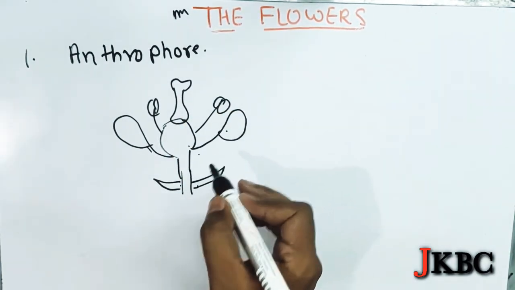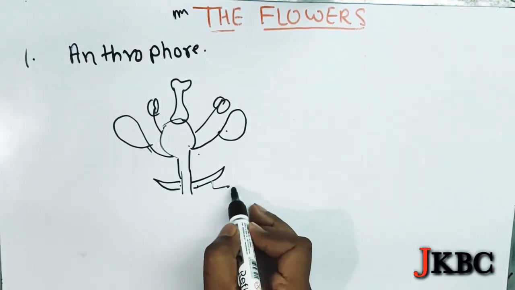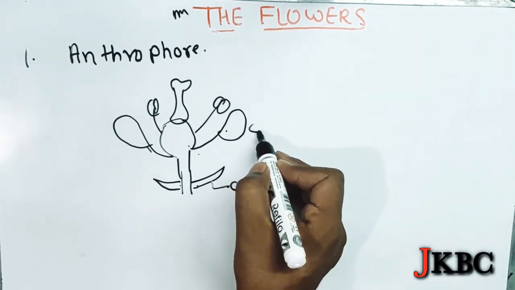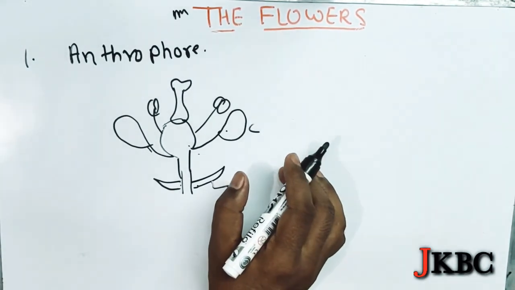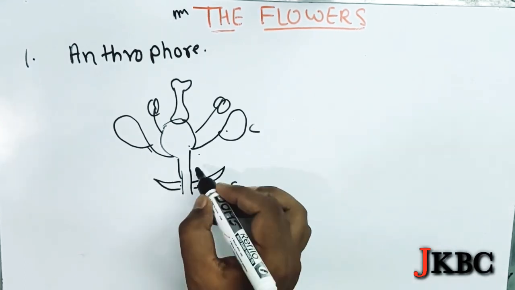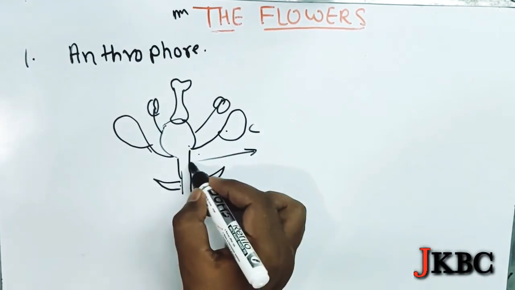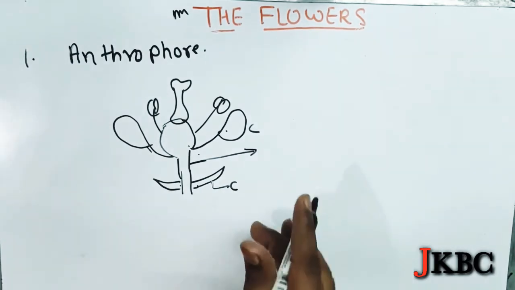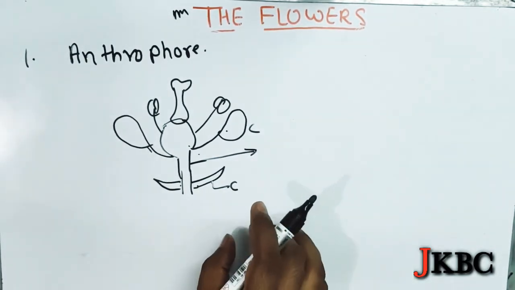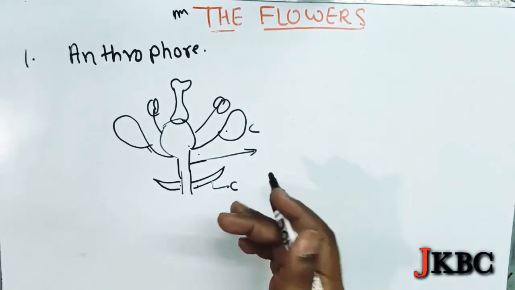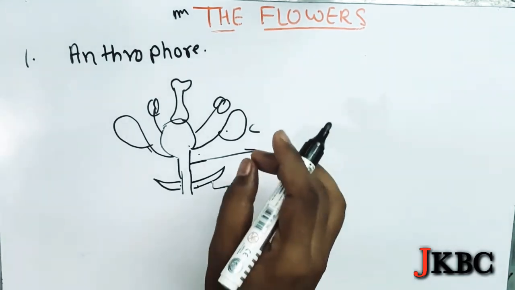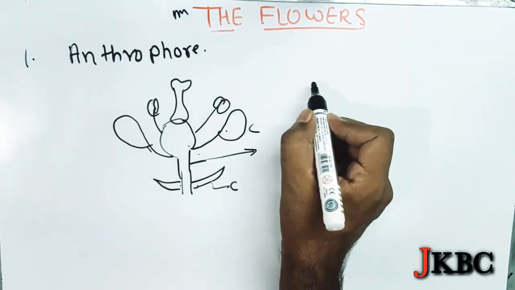This is the calyx and this is the corolla, both located far apart from each other. That means their internode is long. The internode in between the calyx and corolla develops and grows more.